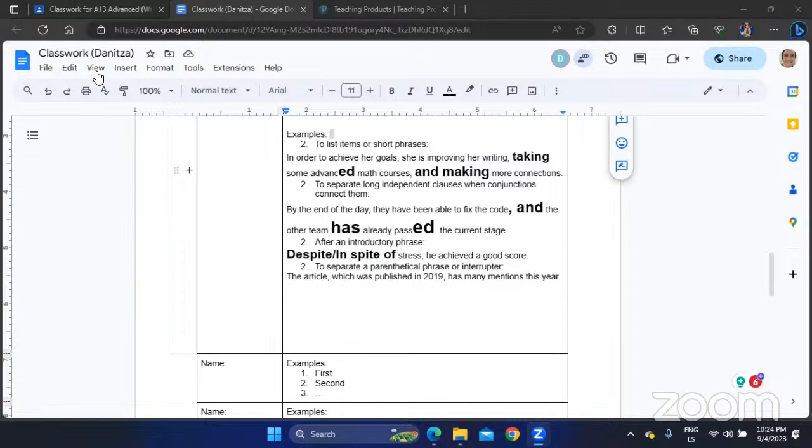And I put a parenthetical or interrupted phrase in the past, to add information.